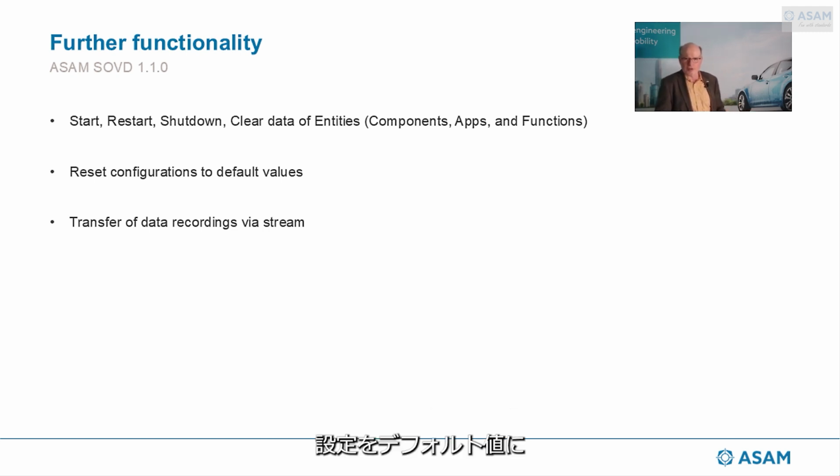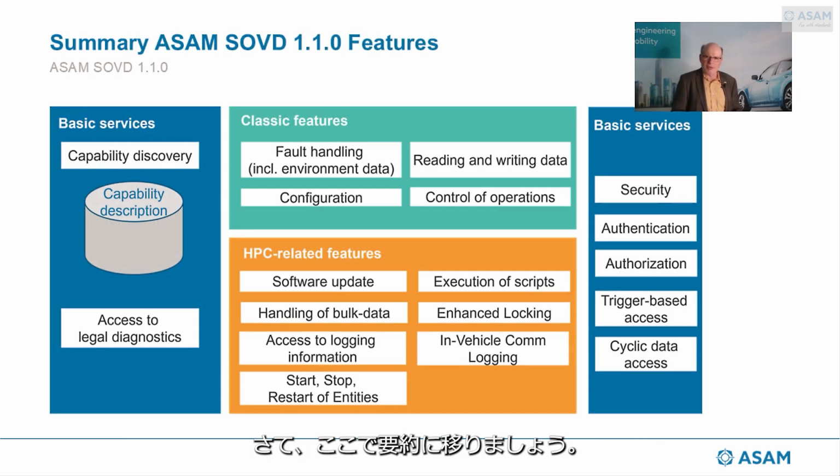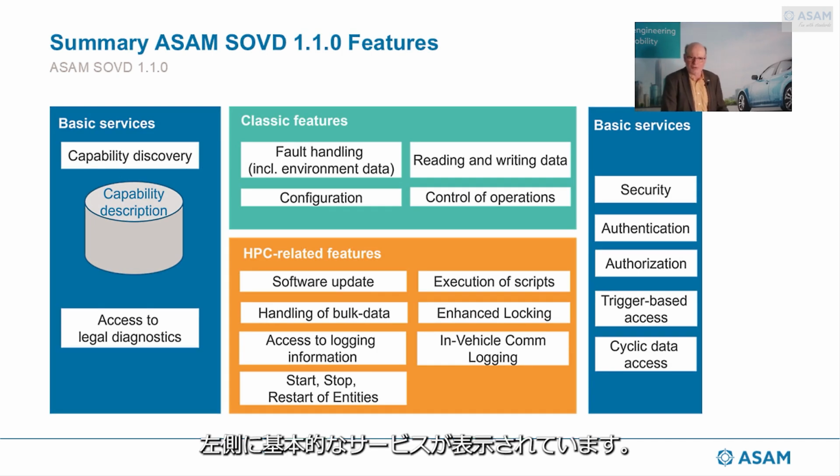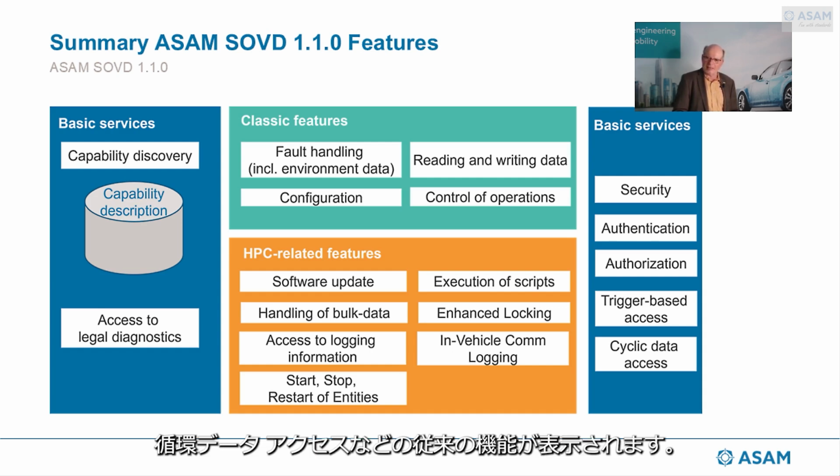We also have the possibility to reset configurations to default values, and we have introduced that data can be transported via streams. So we come now to the summary, and this is the picture which we have seen at the beginning. On the left side you see where the basic services are, now with the new access to the legal diagnostics. On the right-hand side, you see the trigger-based access and the cyclic data access.